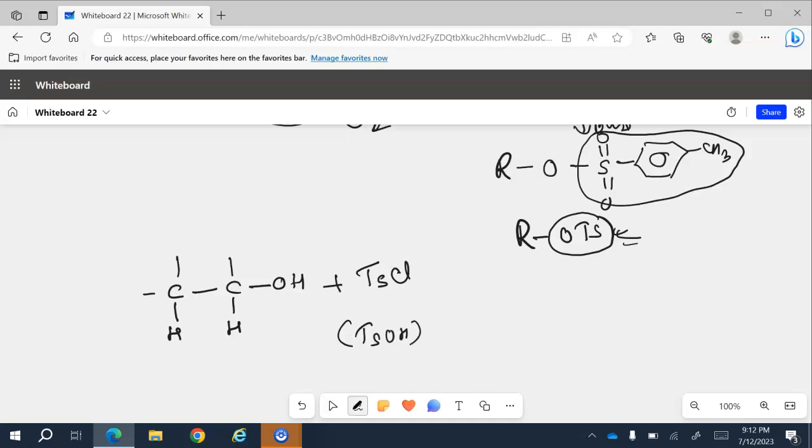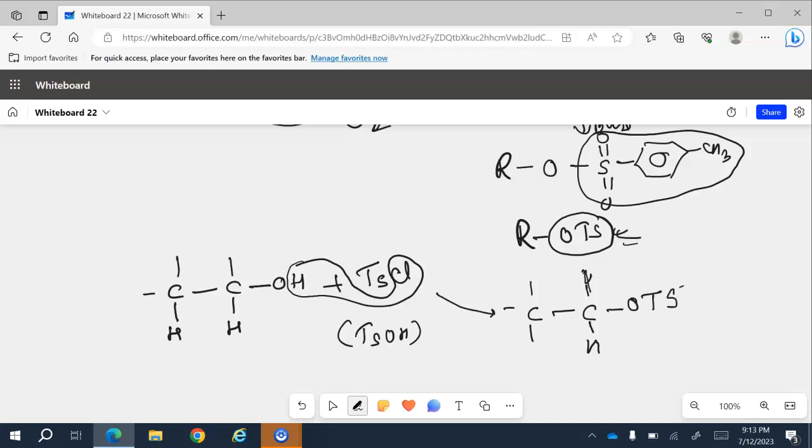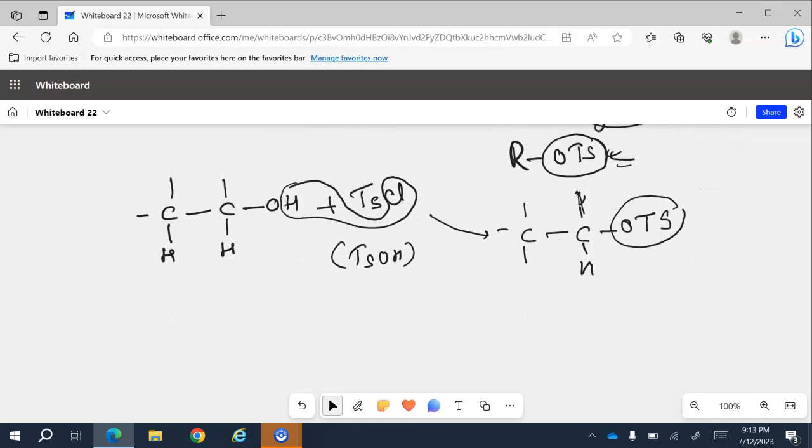And when you use TsCl, what will be removed here? HCl is the one that will go away. The result here is carbon with C, you have your H and your O. Now you have Ts. This is an excellent leaving group.